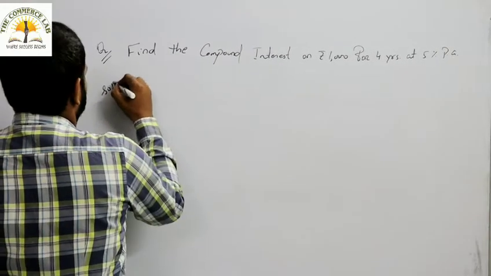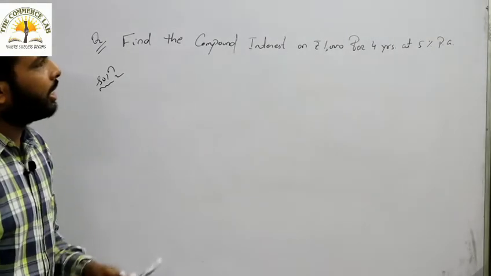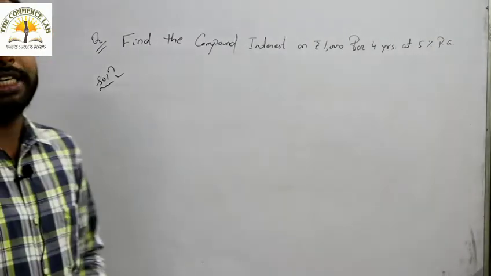So what is the solution? Find out the compound interest on 1000 rupees for 4 years at 5% per annum.